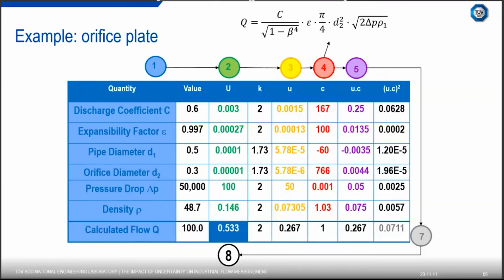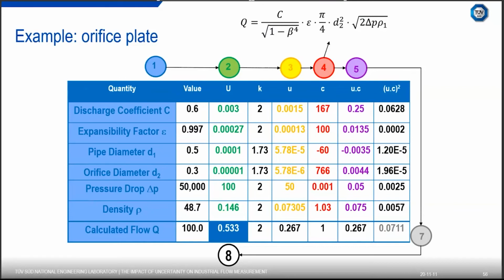So stage 3 is looking at converting to standard uncertainties. As you can see, for the discharge coefficient, expansibility factor, pressure drop and density, a coverage factor of 2 has been assumed, so this may be stated, or we may know this information. So you can divide by a coverage factor of 2 to get the standard uncertainty.